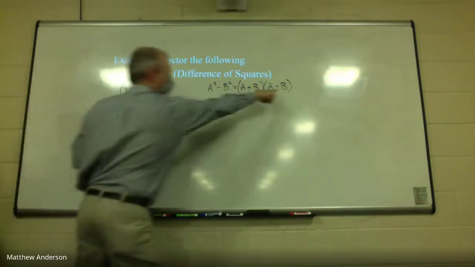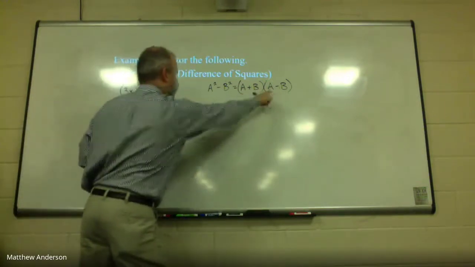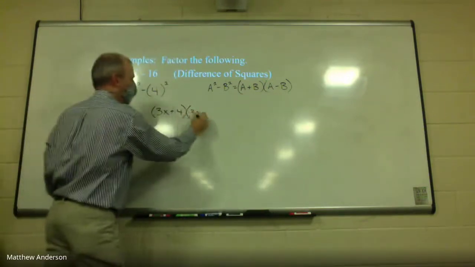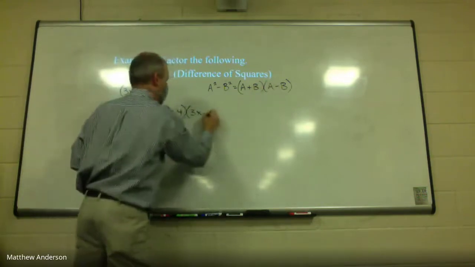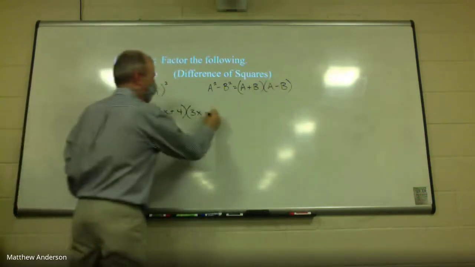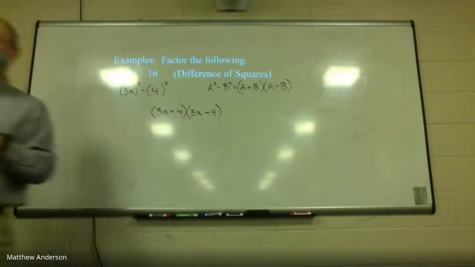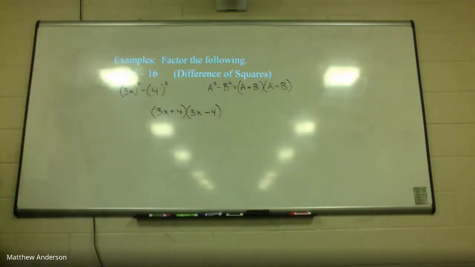And then over here we have first parentheses, 3x again, and minus the second parentheses, which is a 4. So once you've identified the first part and the second part that are squared, it's just 3x plus 4, 3x minus 4, and that's it.